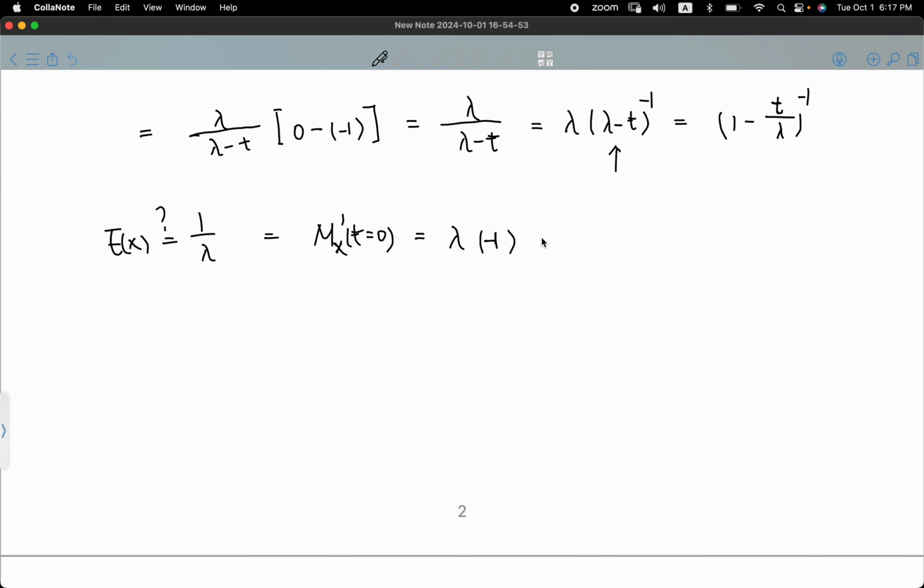You can consider it a chain rule: (lambda minus t) raised to the power of -2, and then again using the chain rule, you need to take the derivative of the terms inside the parenthesis, and this will give you another -1, right?